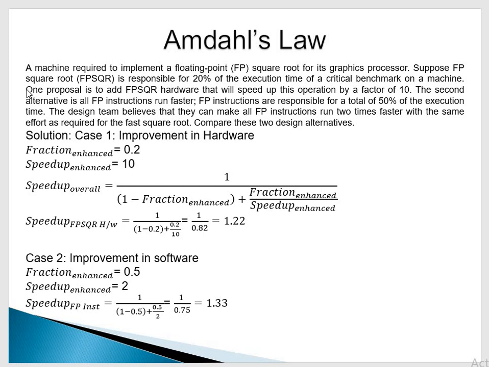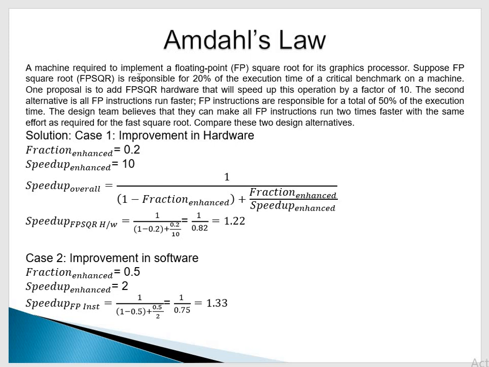The designer proposed two solutions. One proposal was to add floating point square root hardware, which will speed up this operation by a factor of 10.